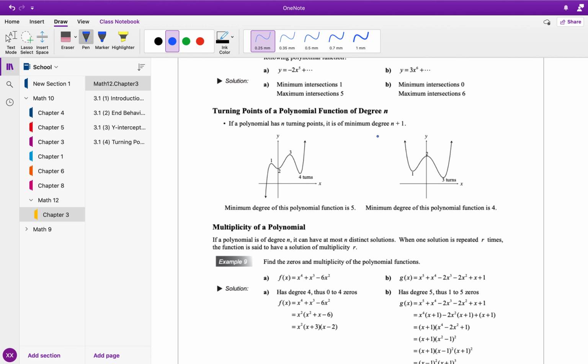I would rather say that if the degree of a polynomial function is n, then the maximum number of turning points of the graph is n minus 1.